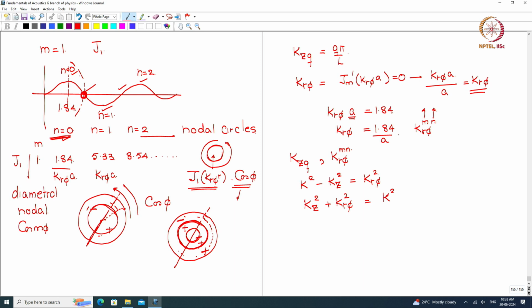But now because of the finite nature of the cylinder, it is finite in the radius, finite in the z direction, many eigenvalues and eigenfunctions have come up. Therefore, I have now kzq square plus kr phi square mn are equal to now k square, but this has to have index to k square mnq.